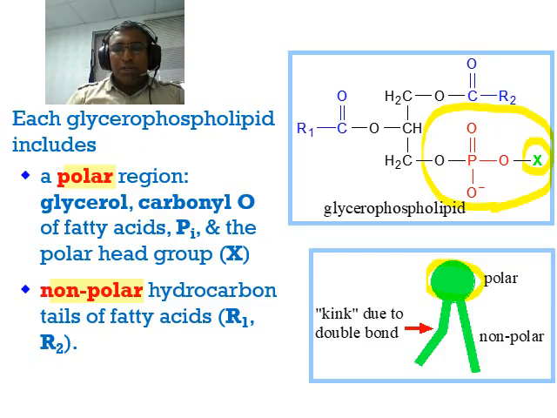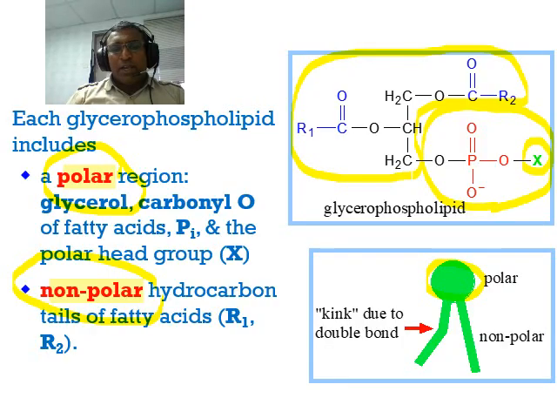And then all the other component having hydrocarbon chain will be considered as non-polar. So that's why you have polar as well as non-polar, also referred as head and tail.